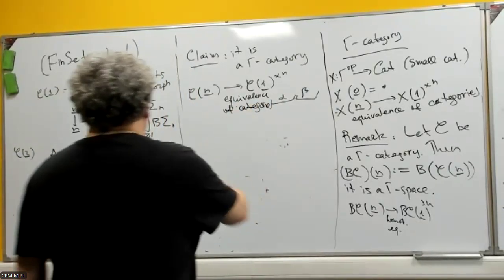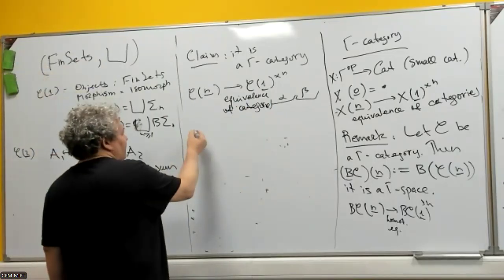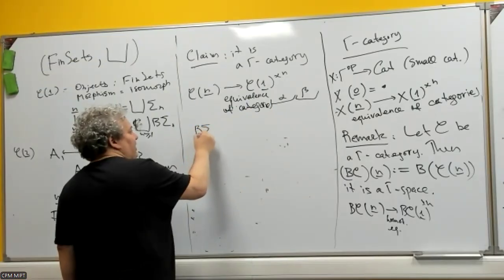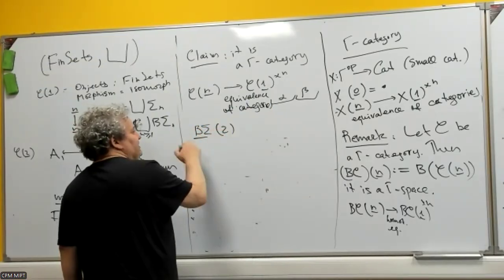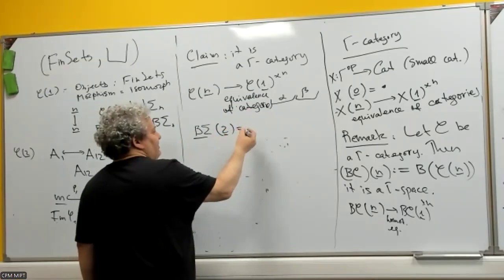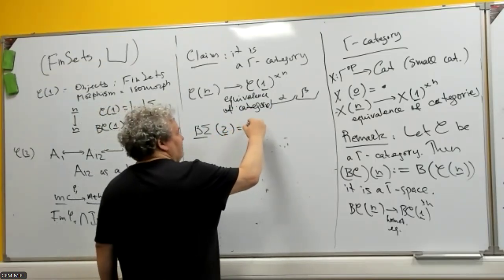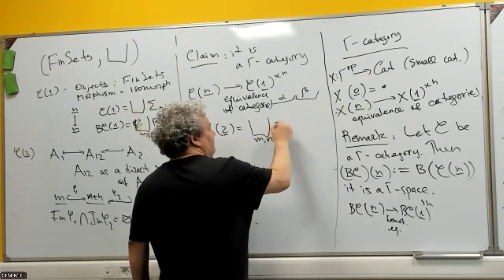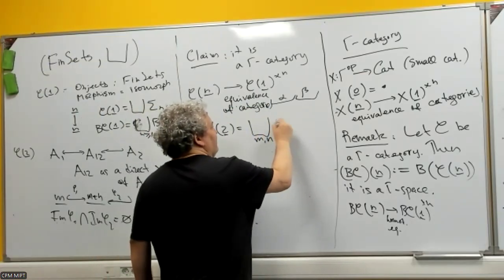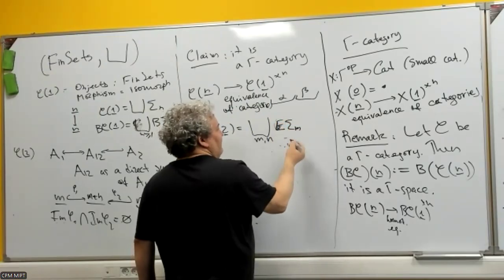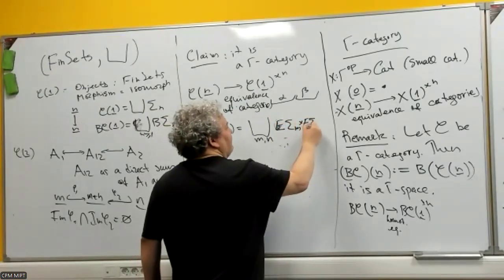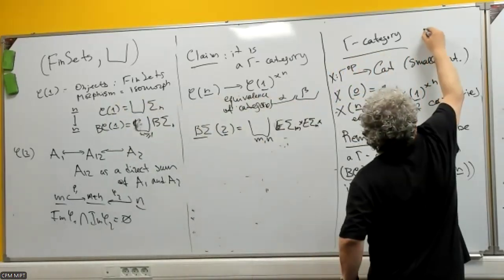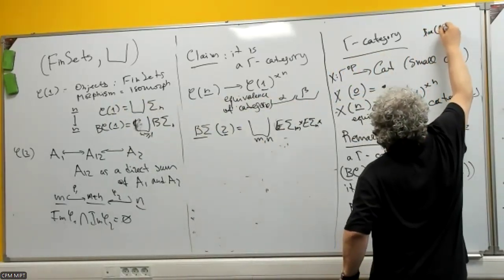For example, he never used it, but for example, for B sigma, let me call it B sigma underlined. For 2, he has the following formula: it's a union over M and N. Here we have not B, but actually E. It's an exercise, I would say. E sigma M times E sigma N, where E is that thing which I, in the first lecture, denoted by bar M point.